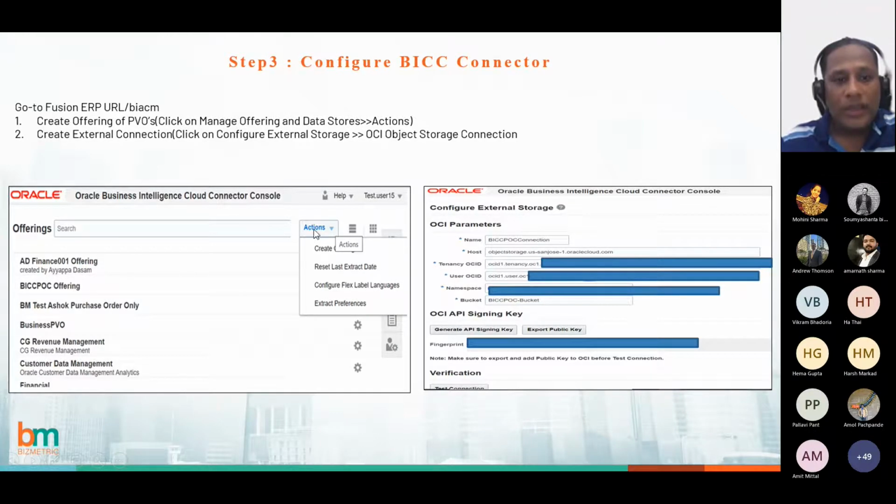In this console, you can create your offerings. Offerings are what type of data we need to extract from the Fusion ERP. We have different VOs for finance, SCM, and HR. All those VOs can be extracted based on our requirement.